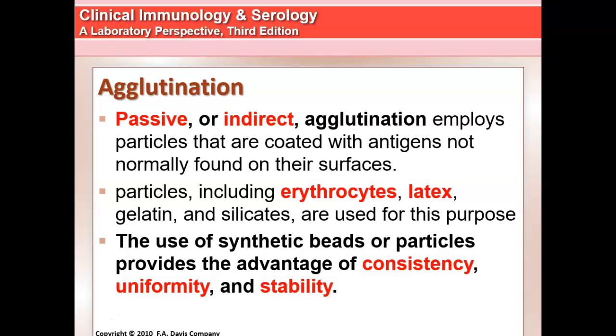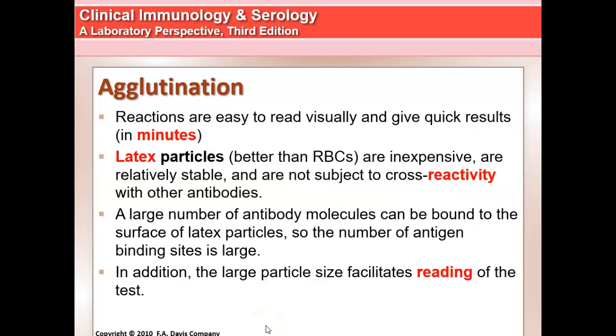The use of synthetic beads or particles provides the advantage of consistency, uniformity, and stability. So what this does is take any variation out of the soluble particle, and it makes it very uniform, consistent, and stable. So it's very precise and more accurate.